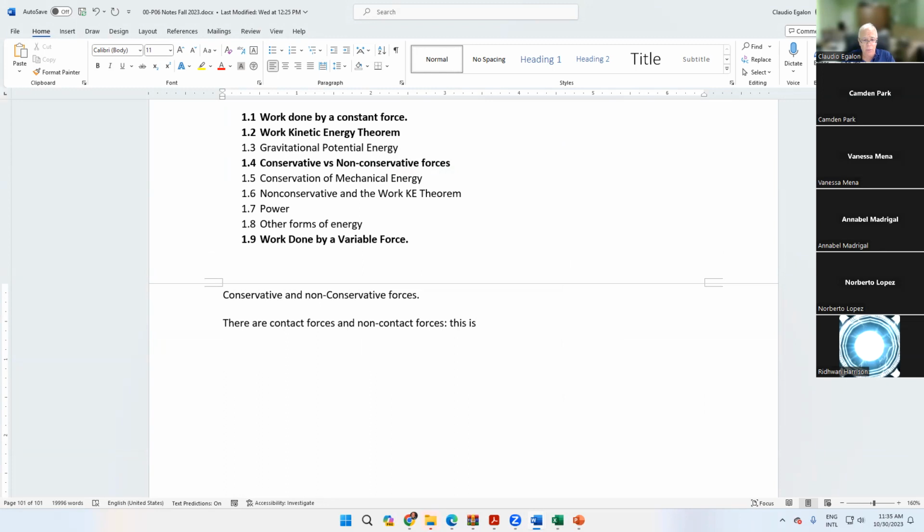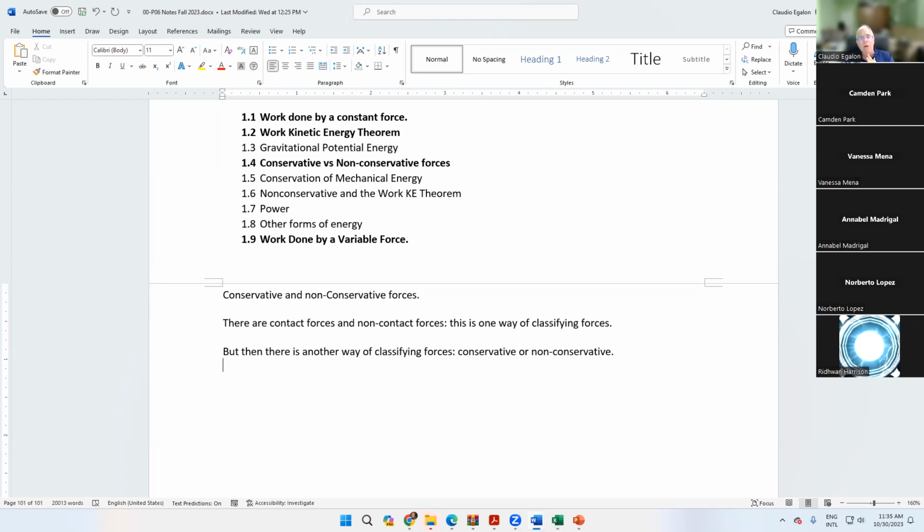This is one way of classifying forces. But then there is another way of classifying forces, by telling whether they're conservative or non-conservative. The second way of classifying forces.